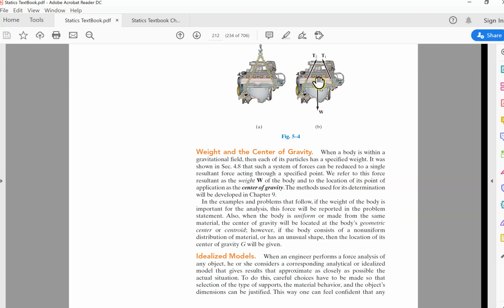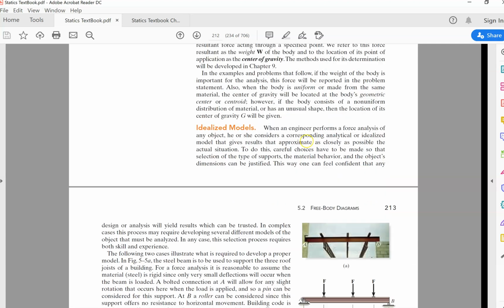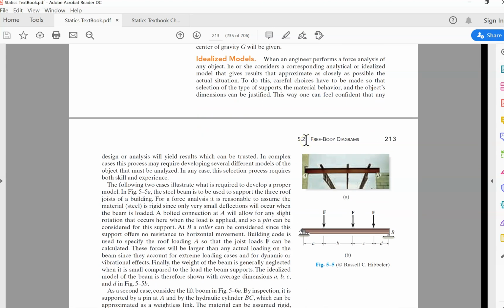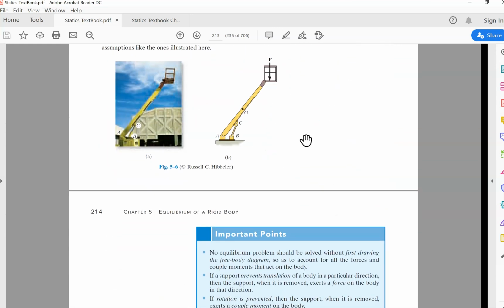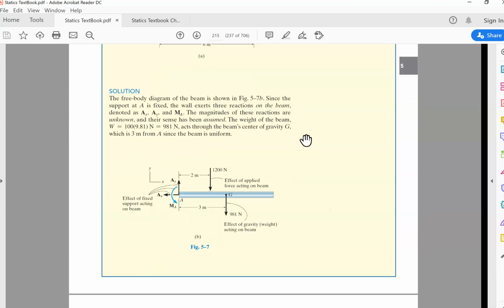Your center of mass, center of gravity. That is W. And then the idealized model, the one that I explained earlier, but now we look at the free body diagram.